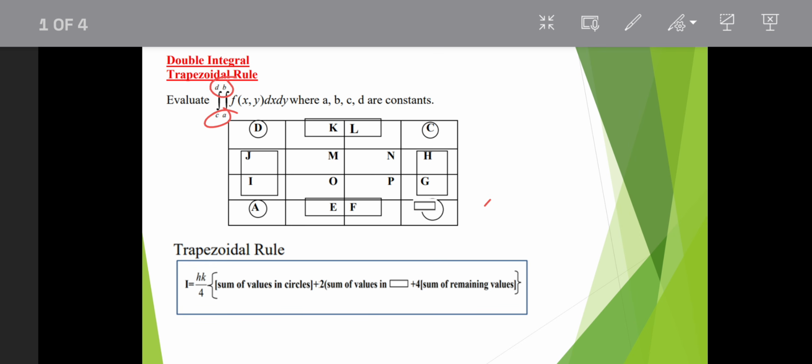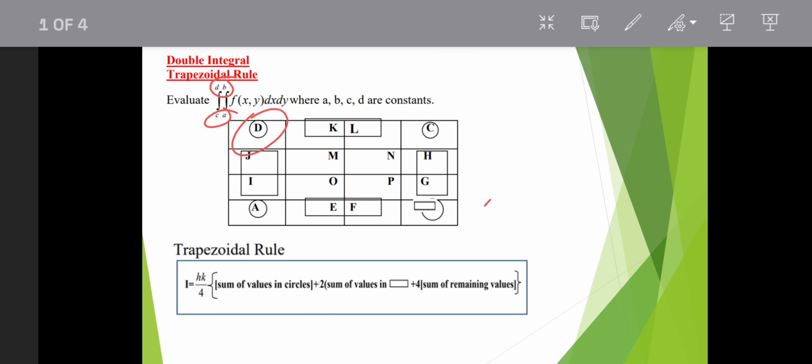First, the corner points shown inside circles are located at the four corners of the rectangular region, since each corner belongs to only one subrectangle.